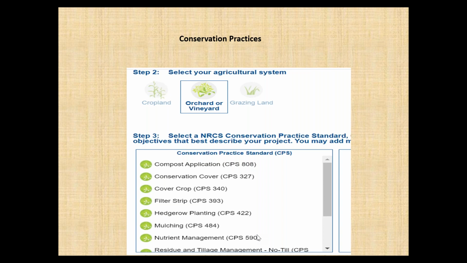So for our example farm, I am selecting compost application with a carbon nitrogen ratio of greater than 11:1. And I'm selecting planted cover crop, with the choice being a legume, a grass legume mix. There are a few other options. And nutrient management.